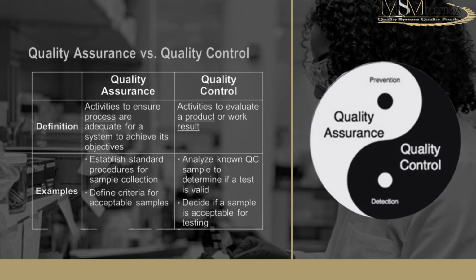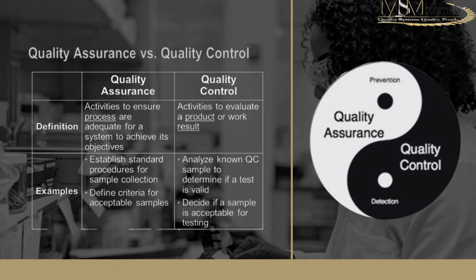One system is defined as activities to ensure a process is adequate for a system to achieve its objective. That is quality assurance. While quality control is defined as activities to evaluate a product or work result. What does that mean? It means one system, which is the quality assurance system, is a preventative system, while the quality control system is a detective system.